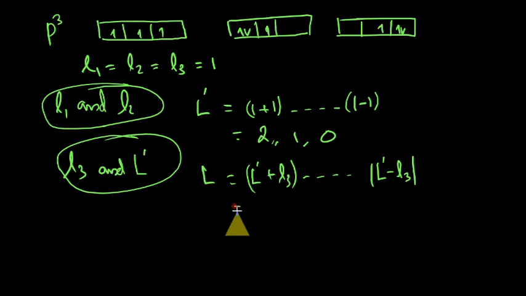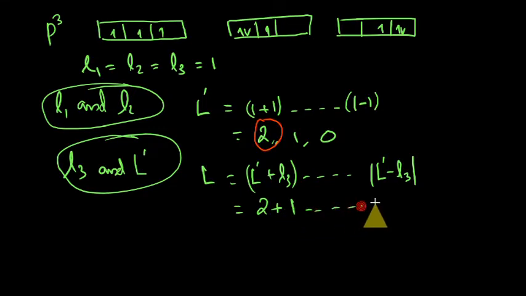So what is L dash plus L3? L dash is equal to 2 in this case. Let us take 2 first. ഇപ്പോൾ 2 എടുക്കുകയാണെന്നുണ്ടെങ്കിൽ we will get L dash, 2 plus L3 is equal to 1. So 2 plus 1, that is equal to 3.